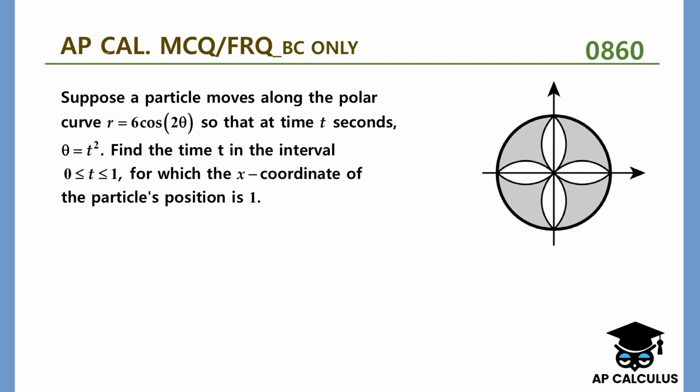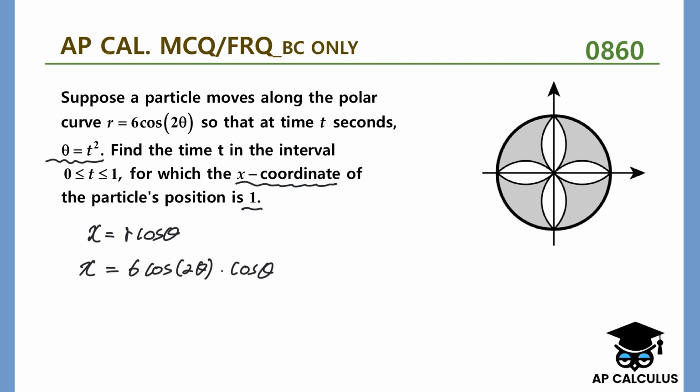Here, x is equal to r cosine theta, and r is 6 cosine 2 theta, and we have cosine theta. That's our x, right? But this time, theta is equal to t squared, and we're trying to find the value of t where the x coordinate is equal to 1.